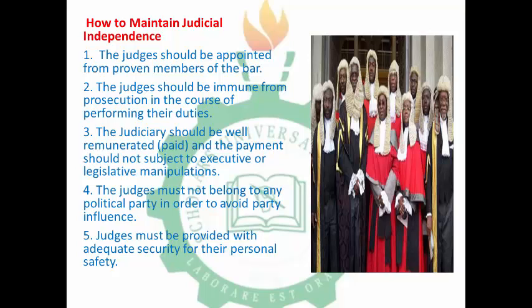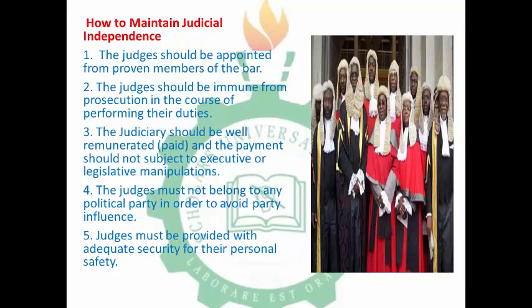Then the fifth one is that judges must be provided with adequate security for their personal safety. Adequate security means they must ensure that policemen are there to protect them in the course of moving from one place to another, because in the country we find ourselves today, people can do anything to ensure that justice comes to their side, or that justice is not administered the way it is supposed to be administered.